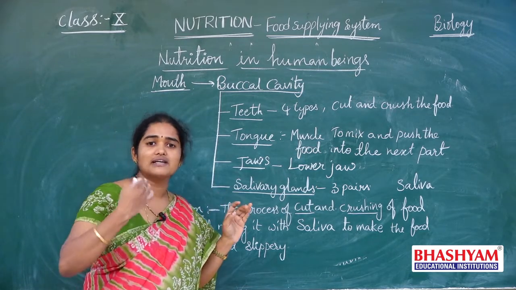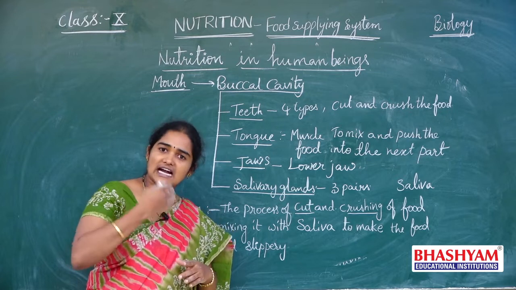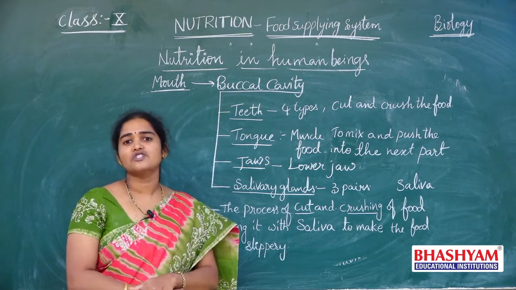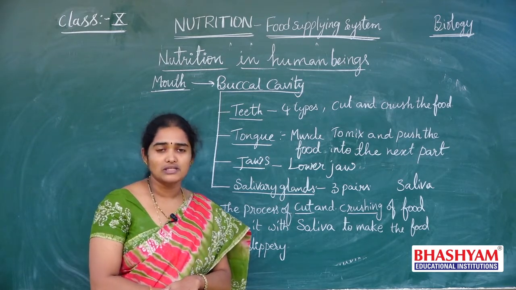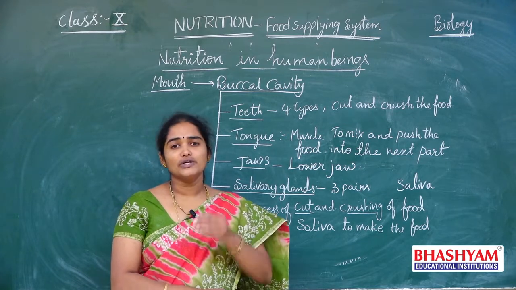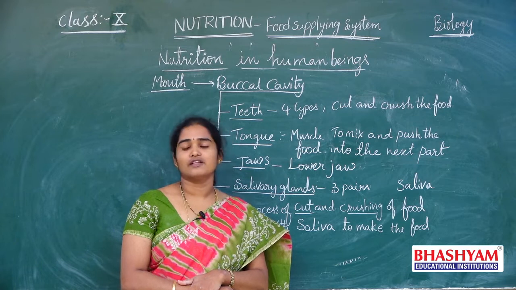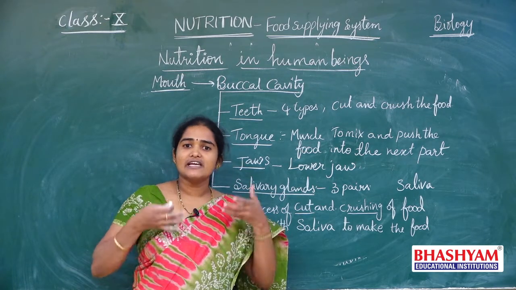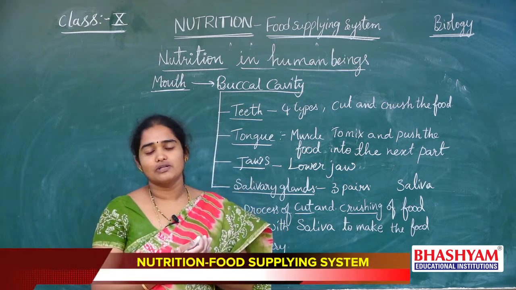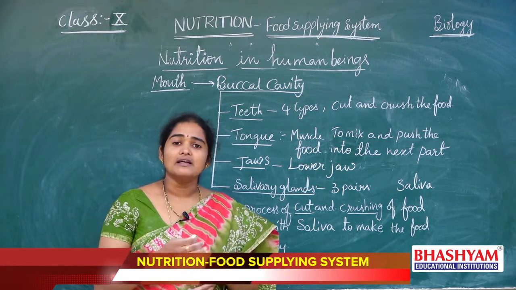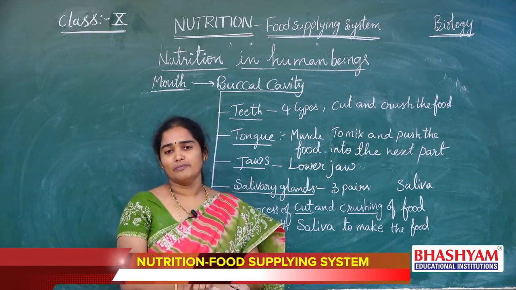So, teeth, what is the function of teeth? They cut the food materials. When we keep the large particles of food into our mouth, they cut the food into smaller substances. And while cutting the food materials, salivary gland secretes saliva into the buccal cavity and mixes with food materials.